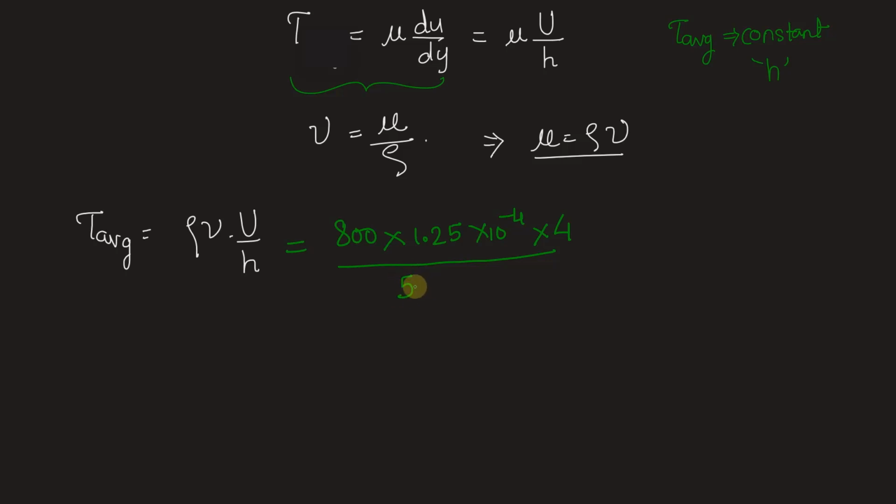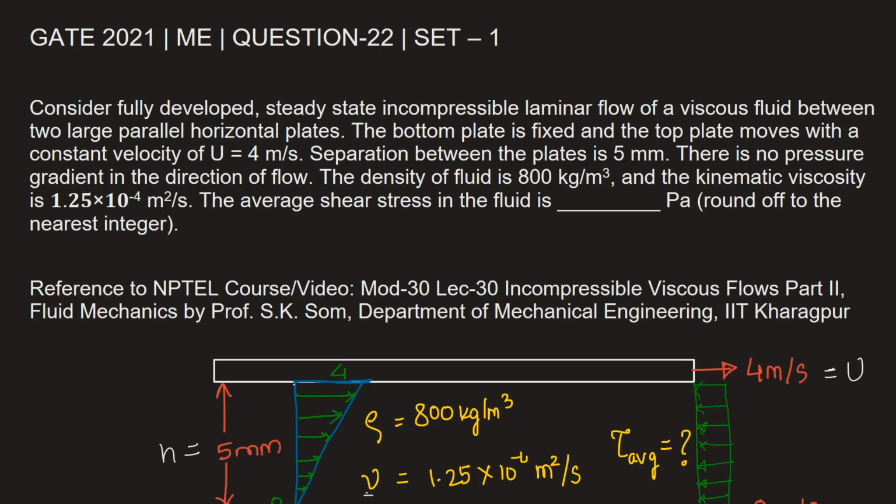Just to convert it to SI units, we have 5 into 10 to the power minus 3 meter, and from here we get the value of average shear stress to be 80 Newton per meter square, and Newton per meter square is nothing but pascals. So to fill in the blank, we can write 80, as the Pascal unit is already attached to it.